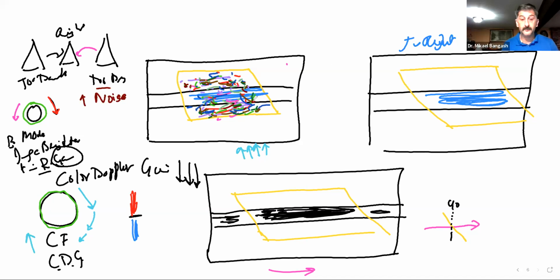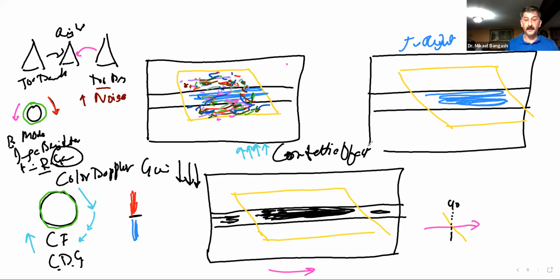And when there's too much noise in the color, that's when the pan-Doppler breaks. What is it you get? Confetti. Or we mainly call this the confetti effect.